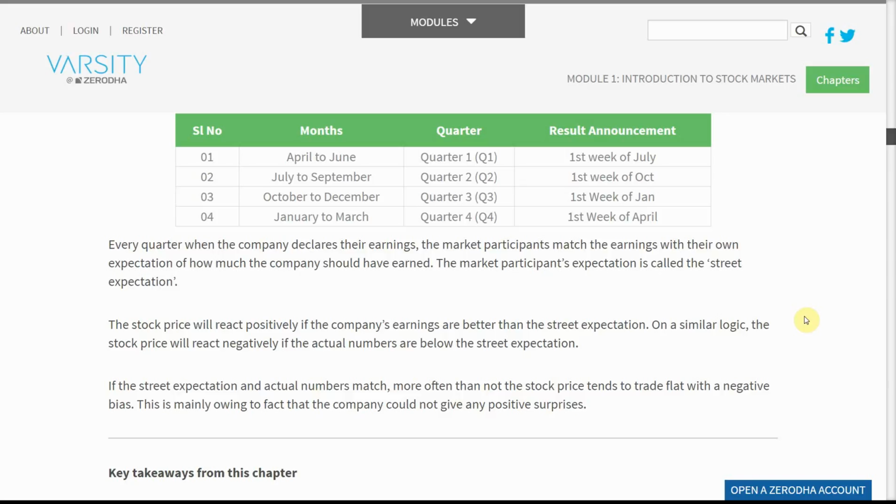On a similar logic, the stock price will react negatively if the actual numbers are below the street expectation. If the street expectation and actual numbers match, more often than not the stock price tends to trade flat with a negative bias. This is mainly owing to the fact that the company could not give any positive surprises.